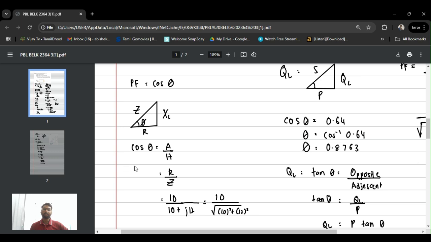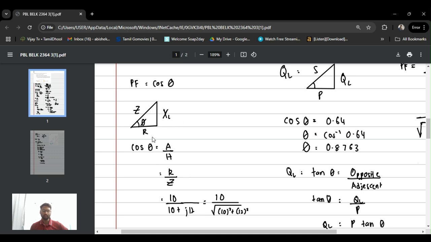This is an impedance triangle. On this part, we have the resistor, this is the reactance, and this is the impedance. Our power factor equals cos phi, which means cos phi equals adjacent over hypotenuse.